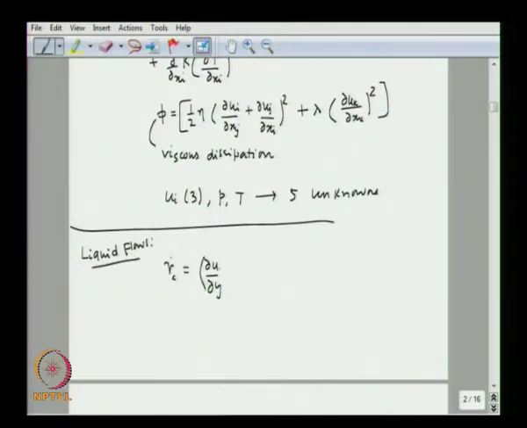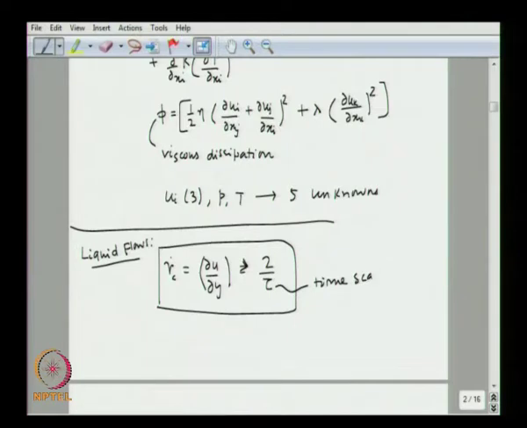So, delta u over delta y is greater than or equal to 2 over tau, with tau being the time scale of molecular interaction, then the assumption that a fluid is Newtonian breaks down.